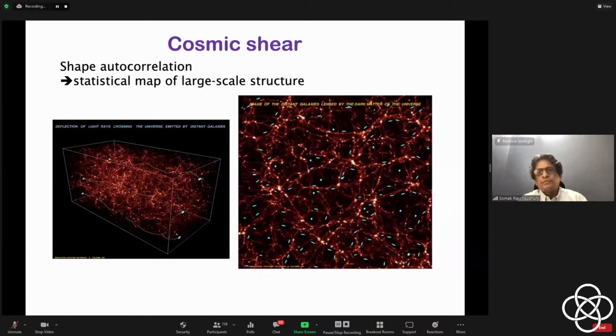I don't want to quantify it any further right now, but I just wanted to tell you that this is a very independent way of studying mass distribution in the universe, and dark matter can be mapped directly by its effect of distorting space-time. And so the light that travels through this distorted space-time bends and creates these illusions. You can call them cosmic mirages.